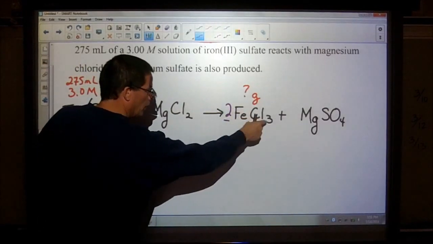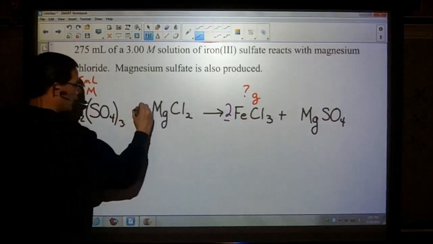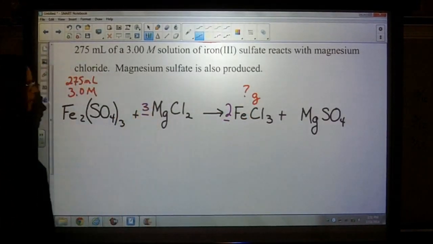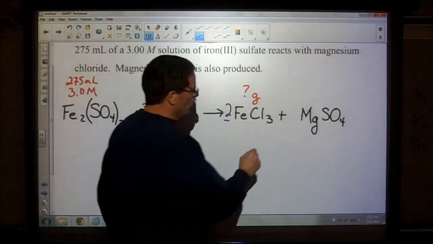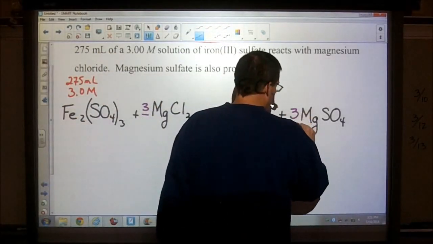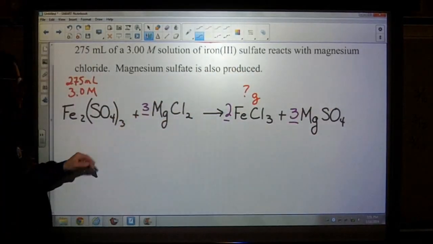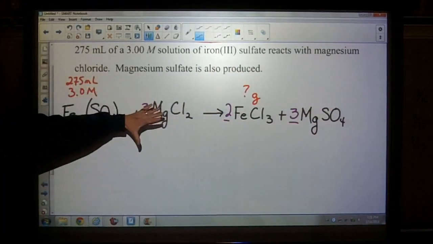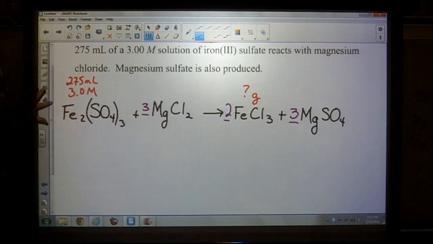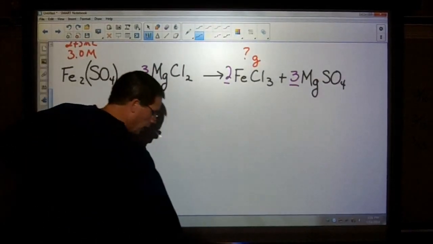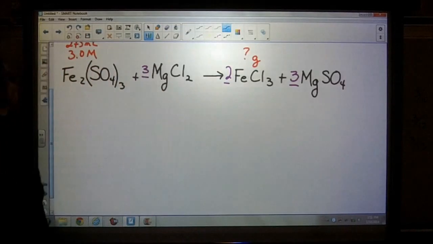I have 6 chlorines now, so I need to get 6 chlorines, so let's put a 3 there. Now I have 3 magnesiums, so let's put a 3 there. So now I've got 3 magnesium, 3 sulfate, 3 sulfate. So step 1, write a balanced equation. It's done. Step 2, let's take what's given and convert it into moles.